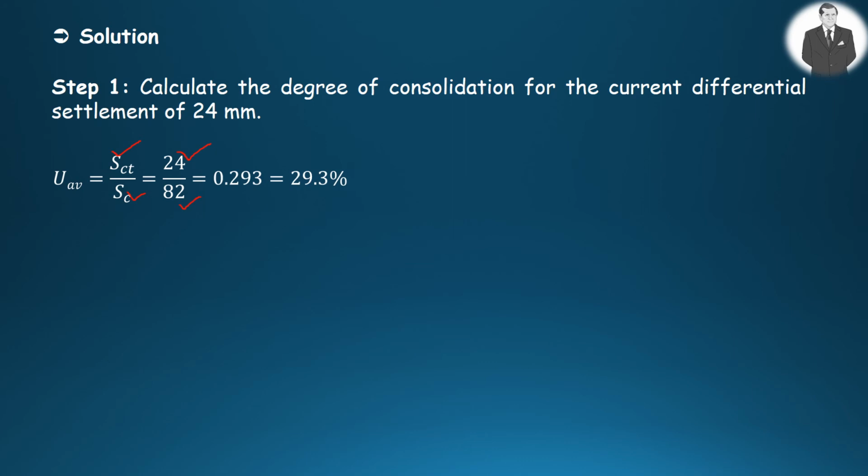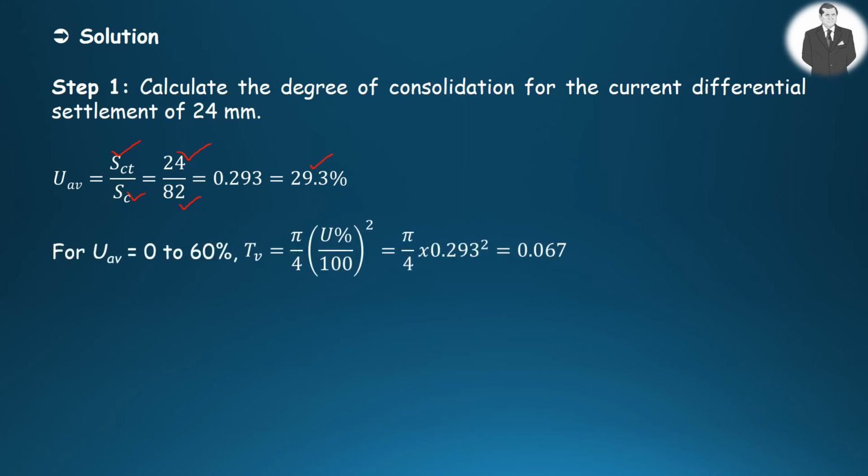So the average degree of consolidation can be obtained as 29.3%. For the degree of consolidation between 0 to 60% in our case, the equation for the time factor given here should be used. And the time factor is obtained as 0.067.